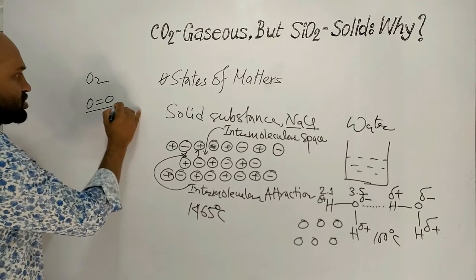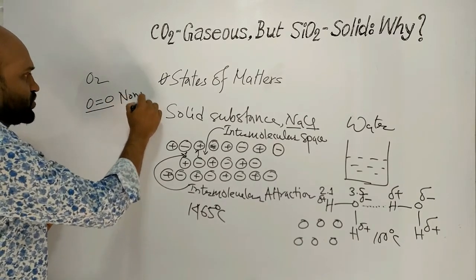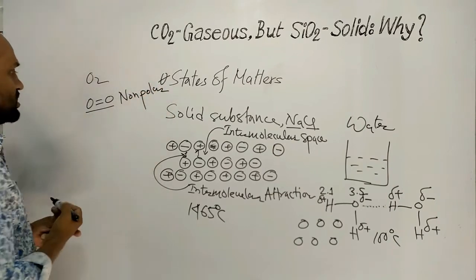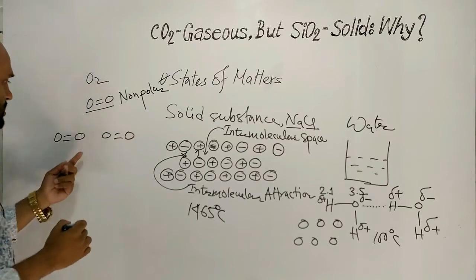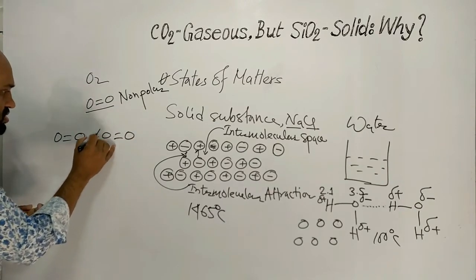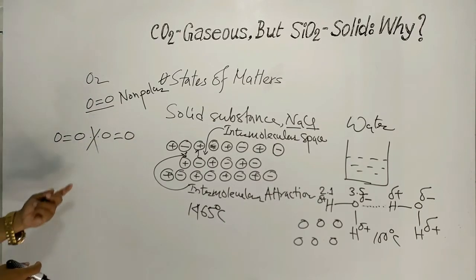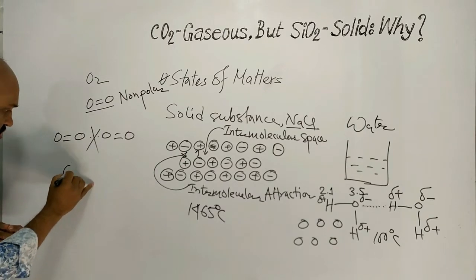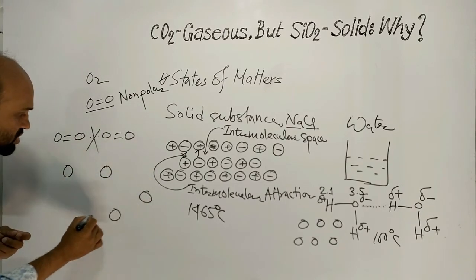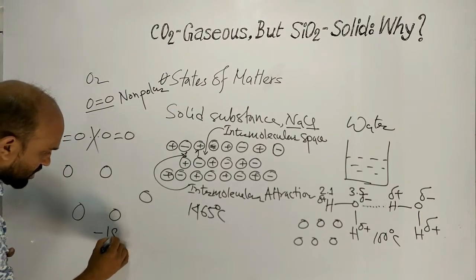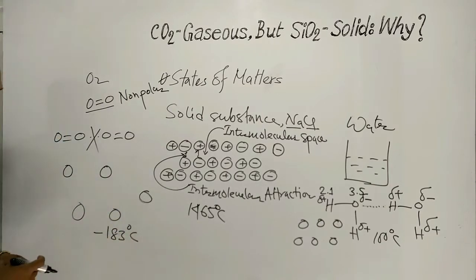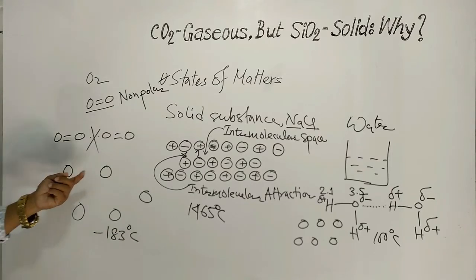So this is not polar, this is a nonpolar molecule, and as a result there is no oxygen-oxygen attraction. That is why in a gaseous substance molecules remain far apart from each other, and the boiling point of oxygen is minus 183 degrees Celsius.